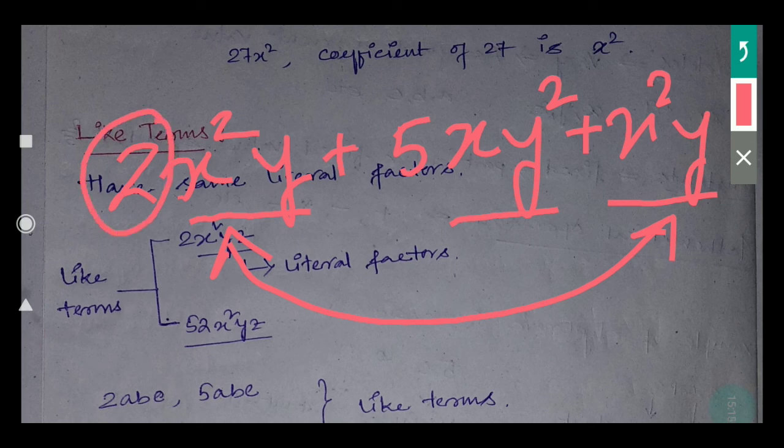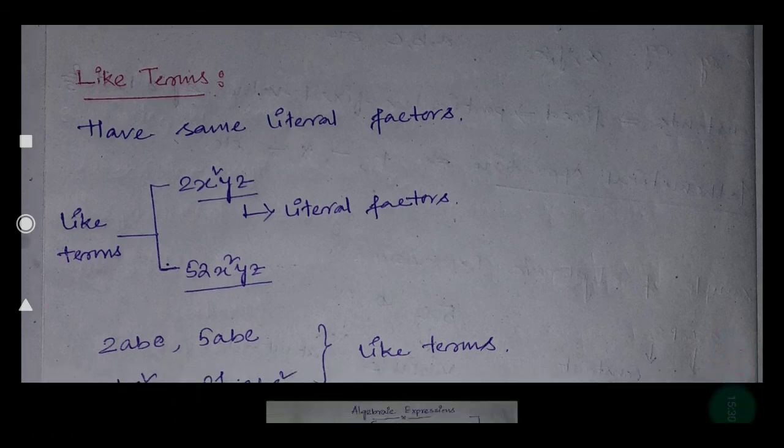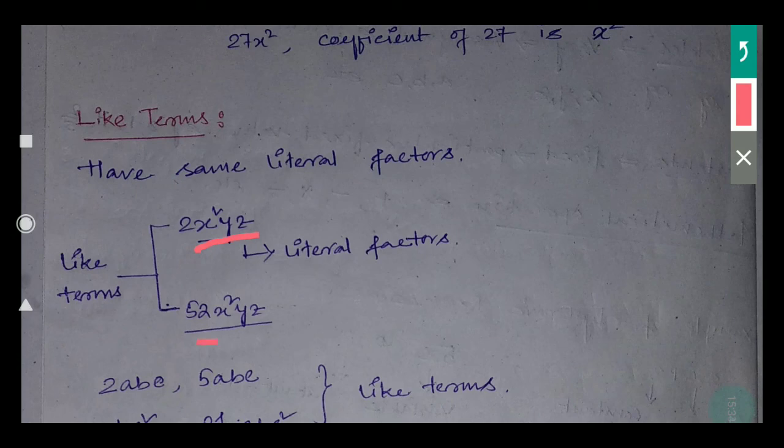There is no need to check whether the numerical part is common; it will obviously be different. You have to check only the literal factors, that means whether the letters are common or not. Here x square is there, here also x square, here y is there, here y is there, that means these two are like terms. See this one, 2x square yz, and here 52x square yz, so these two will be like terms because all the letters are the same.